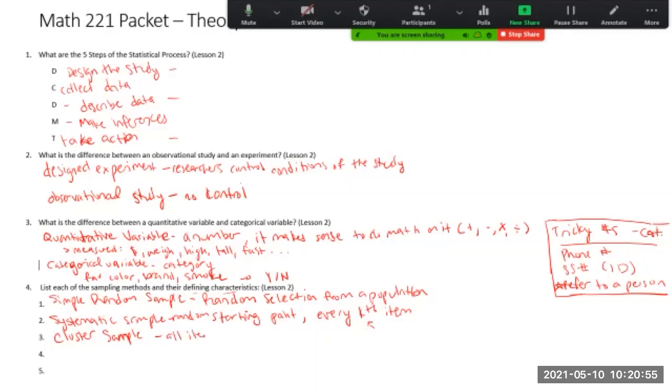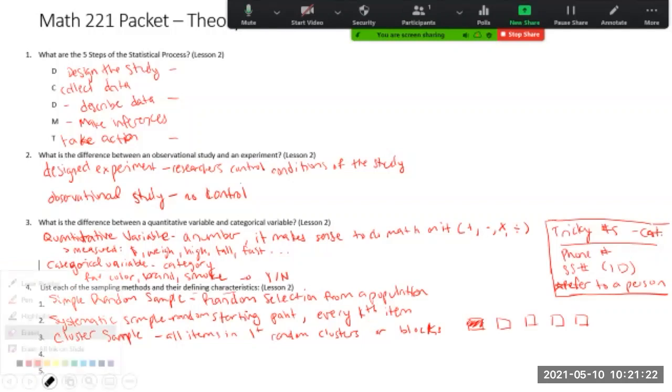By that, I mean if you have lots of different categories that are pretty similar to each other, you would take all of the first block. And for the purposes of that experiment and the way that you're gathering your data, it would be an accurate representation of the whole population.